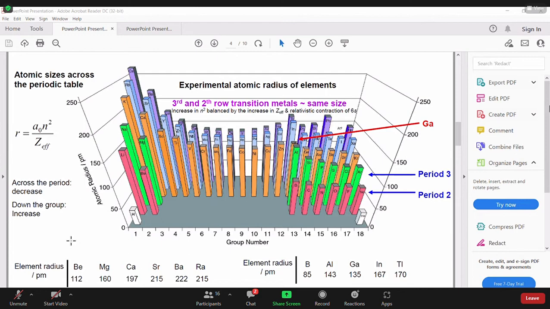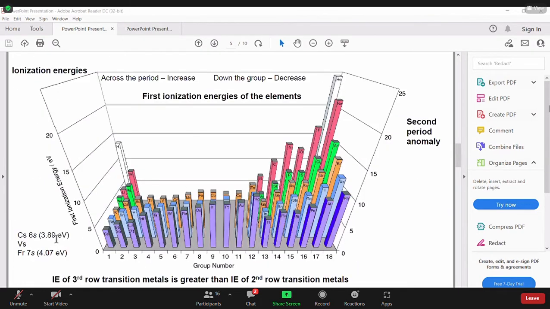The closer the orbital, the lower its energy, and the same effect will be seen in ionization energies, because the ionization energy is the amount of energy required to remove the electron. You are removing an electron from the attraction of the nucleus, and if there is a smaller radius, it will have lower orbital energy, and the ionization energy will be higher.